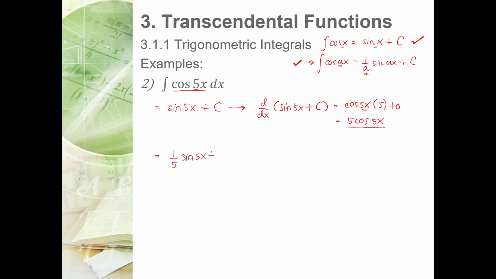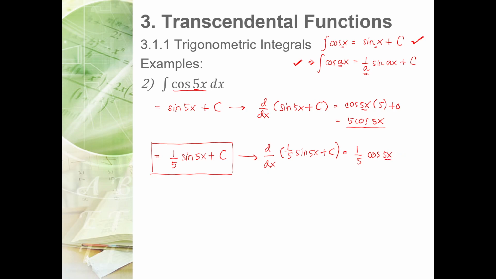5x plus c. Okay, so with this, by verifying your final answer, we differentiate 1/5 sine of 5x plus c. So that's 1/5 then cosine 5x.